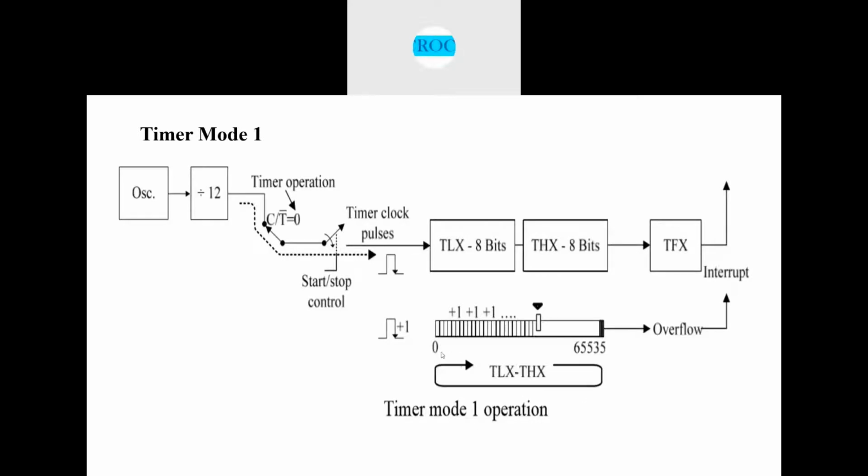As I said, the maximum number of machine cycles it can count is 65535, and whenever it reaches that, it will be reset to 0, and again when it receives the clock pulse, it will keep on incrementing. Everyone understood about mode 1 of timer operation?